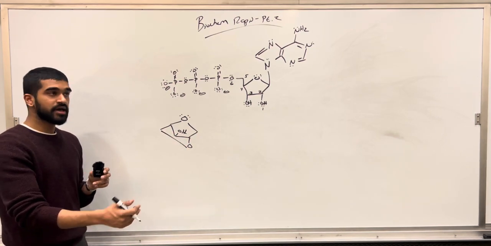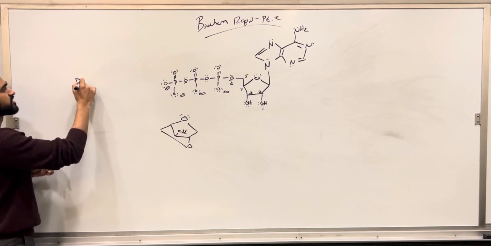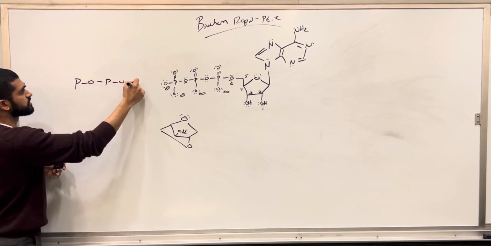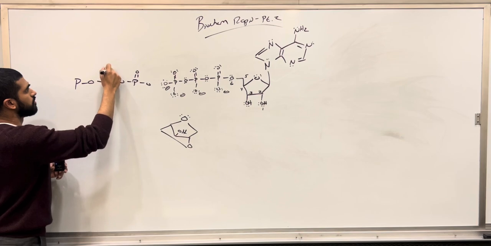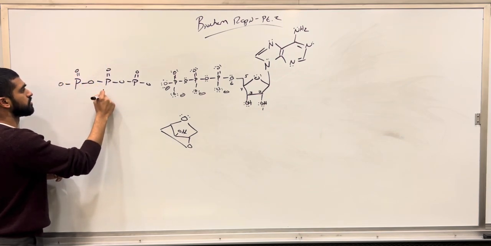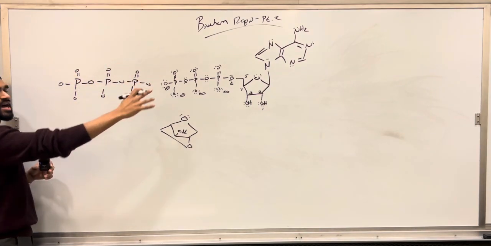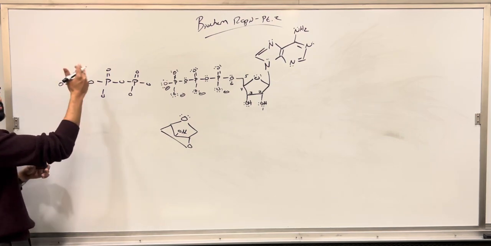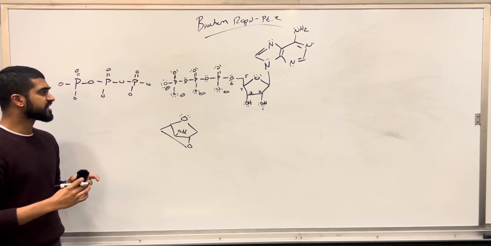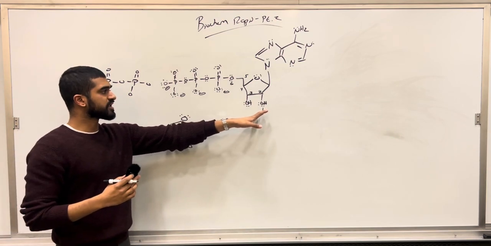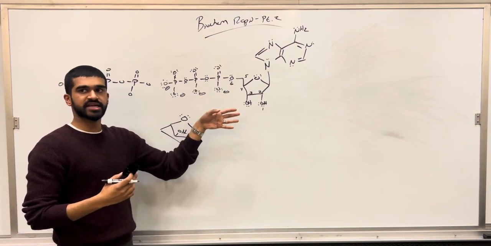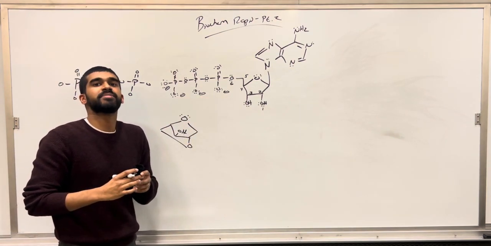So that can happen. And what that does is it kicks off this very stable triphosphate, which is just going to get attacked by other things and get broken down, right? So the RNA inside of your body, it can loop in on itself, break itself, and destroy itself. So it's metastable.